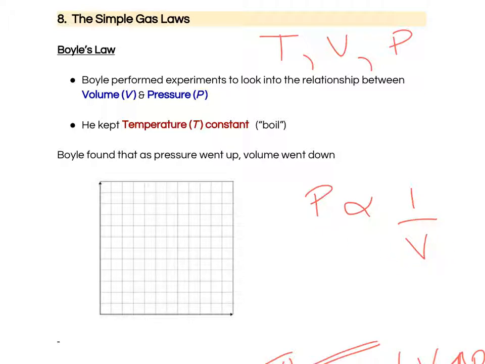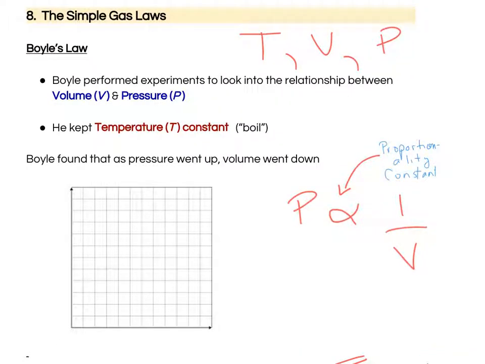So now this little symbol that I've indicated, this looks like a fish almost, that is what we call a proportionality constant. Let me see if I can write this up. Proportionality. Nope. Let me try that again. So it's not exactly an equal sign, it just means that they're related in some way, okay?